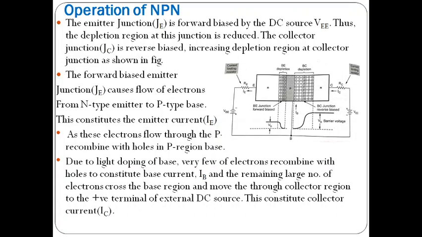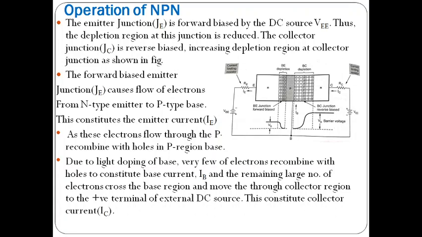So to reduce the recombination rate in the base region, the width of the base region is always less than the diffusion length of electrons in the NPN transistor. That's why we consider the base as narrow width and lightly doped. Due to that, the majority of the electrons emitted by the emitter will reach the collector through the base region.